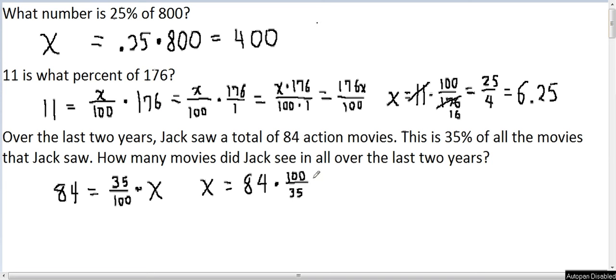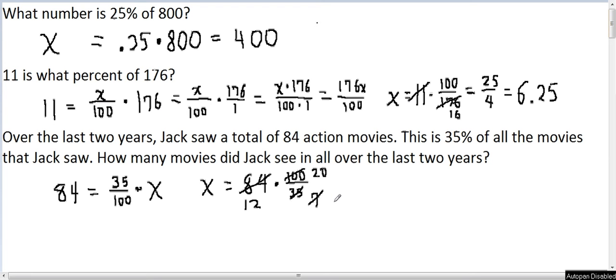Both 100 and 35 have a common factor of 5, so let's divide both of the numbers by 5. We end up with 20, and 35 divided by 5 is 7. Then we divide 84 and 7 by 7 since they both have a common factor of 7. 84 divided by 7 is 12, and 7 divided by 7 is 1.